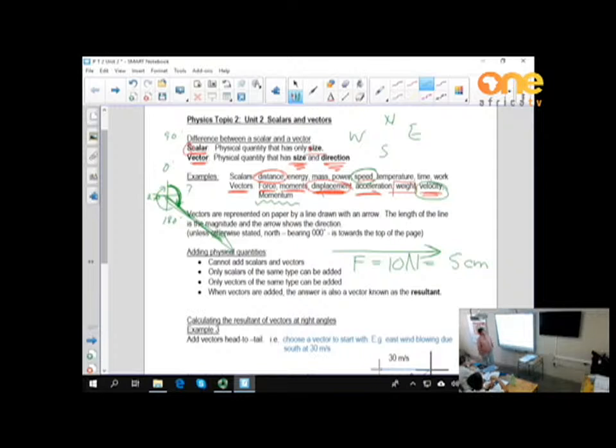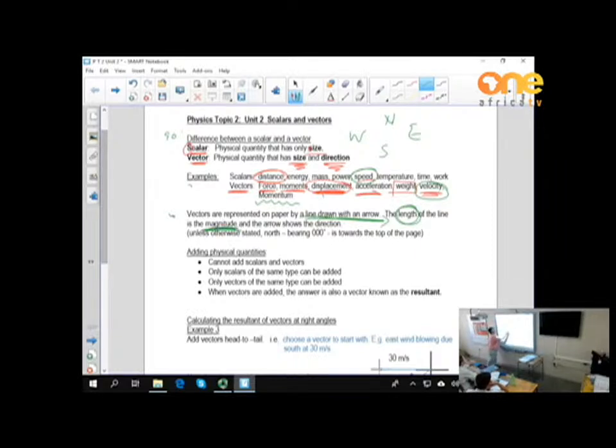Okay. Now, I've said vectors are represented on paper by a line drawn with an arrow. The length of the line is the size, the magnitude, and the arrow will show the direction. So we've got a quantity with size and direction.